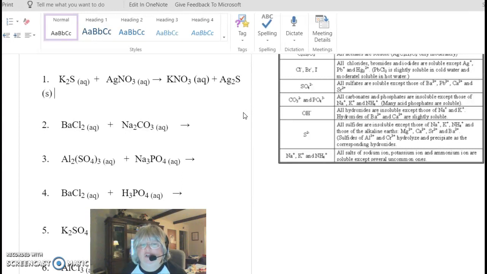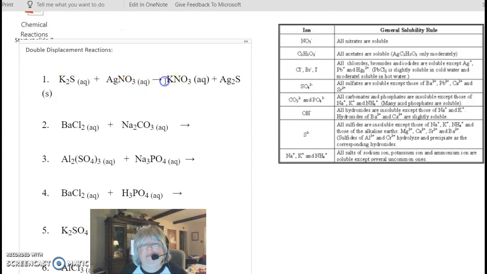And that's my reaction. Now I have to go and see, are we balanced? Well, I can see right away that we're not, because we have 2 potassiums in my reactant and only 1 in my product. So I have to put a 2 in front of my KNO3.